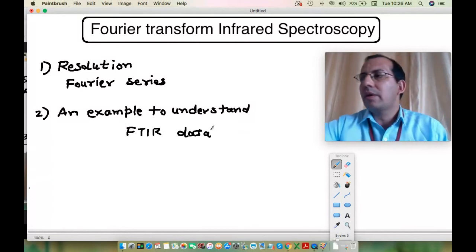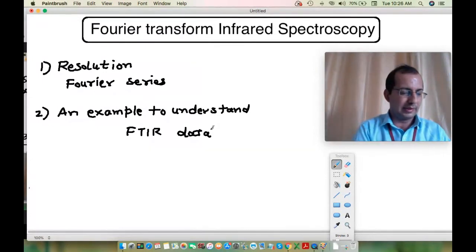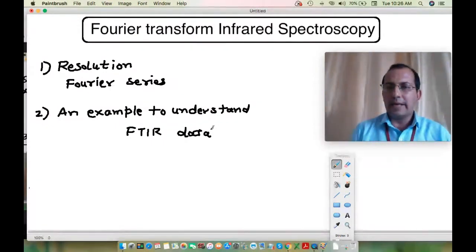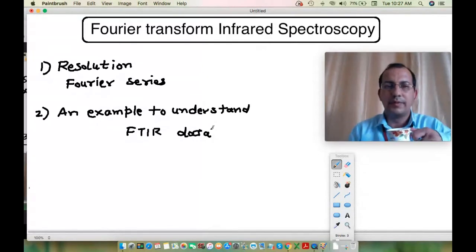So what would be our idea in this case? We have to make that clear. The movable mirror is being scanned, and it is scanned quickly, and the resolution of the spectrometer depends on the scanning of this movable mirror.